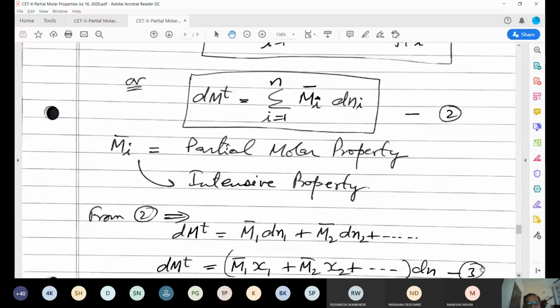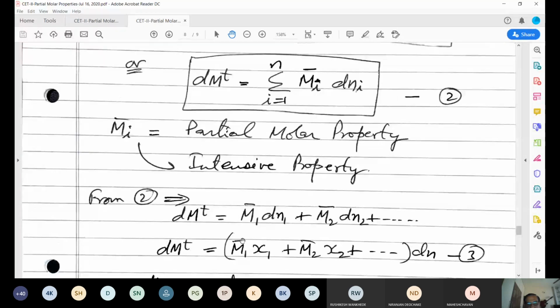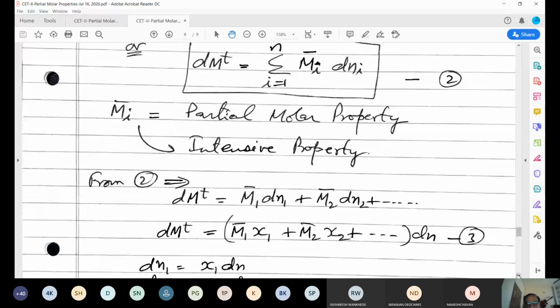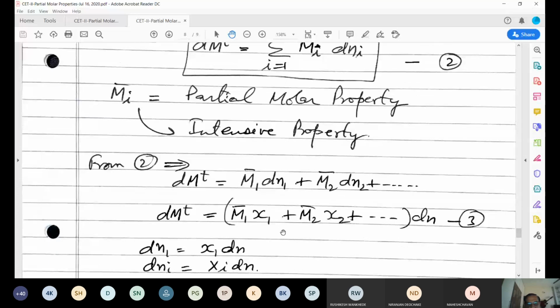So from this you can write dM^t is equal to M1 bar dN1 plus M2 bar dN2 plus whatever components are there. Or we can also write M1 bar x1 plus M2 bar x2 plus other components, into dN, because N1 is equal to x1 into N, so dN1 is equal to x1 into dN.